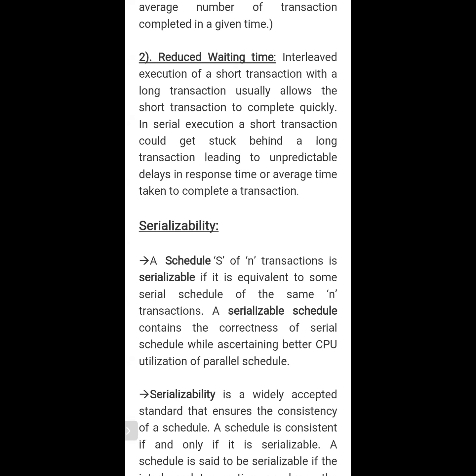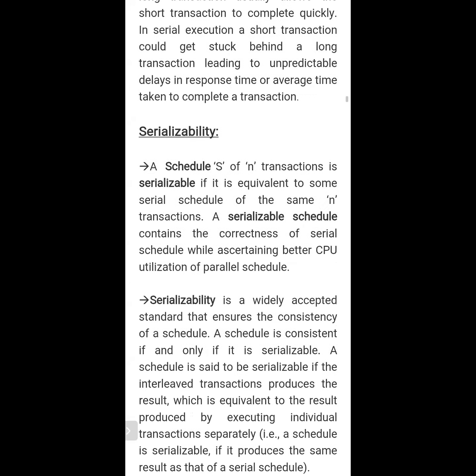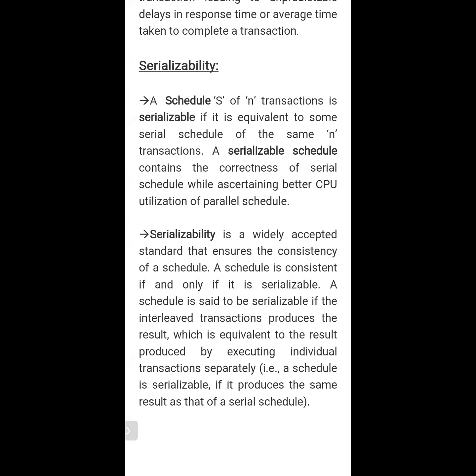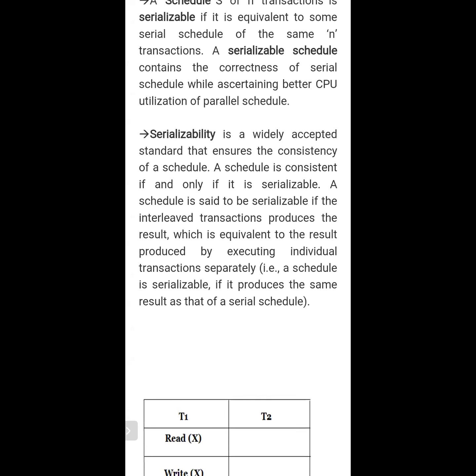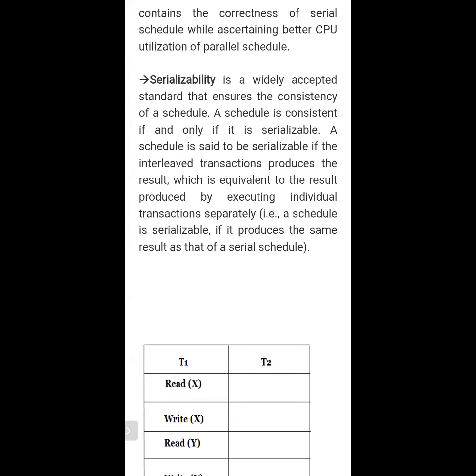Now, a schedule S of n transactions is serializable if it is equivalent to some serial schedule of the same n transactions. A serializable schedule contains the correctness of a serial schedule while ascertaining better CPU utilization of a parallel schedule. Serializability is a widely accepted standard that ensures the consistency of a schedule. A schedule is consistent if and only if it is serializable.